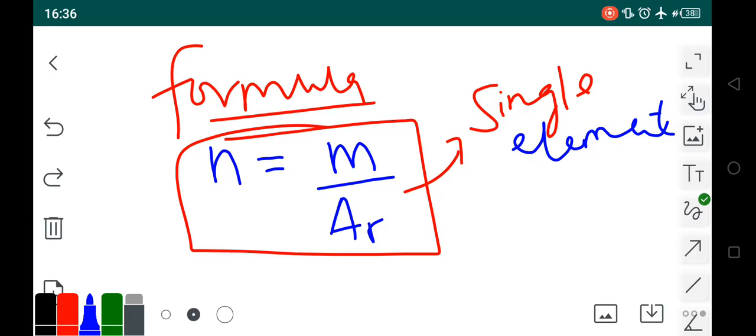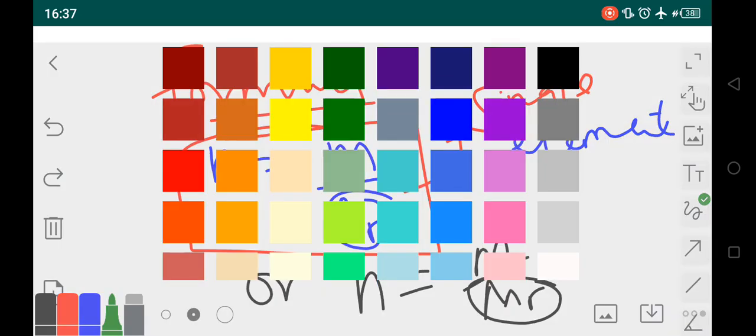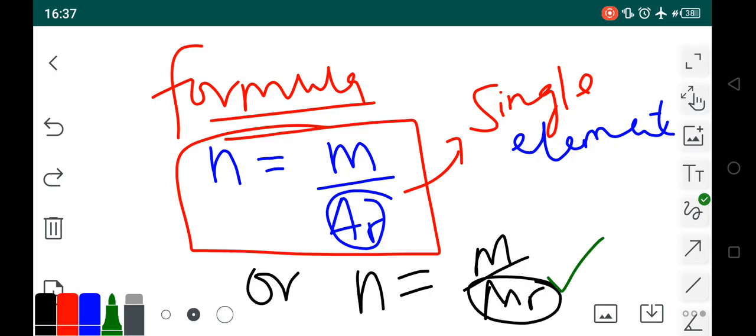Now, if I'm dealing with a compound, then instead of this one, we can say the number of moles equals mass given over Mr. We have to be able to differentiate the meaning of this and the meaning of this. When you have Mr, that is relative molecular mass.